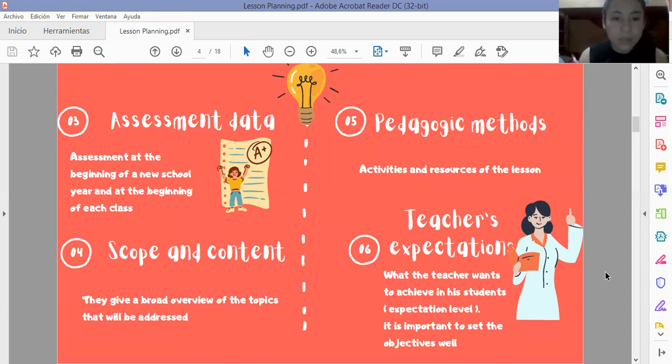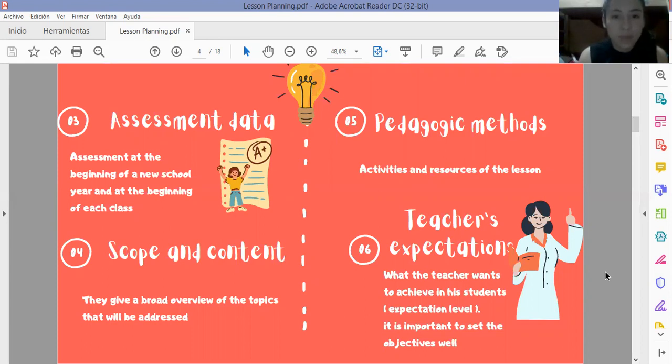So let's continue talking about assessment data, which is actually like feedback. In this step, teachers assess the students. It can be both at the beginning of a new school year or at the beginning of each class. Talking about the scope and content, we can say that they give a broad overview of topics that will be addressed.